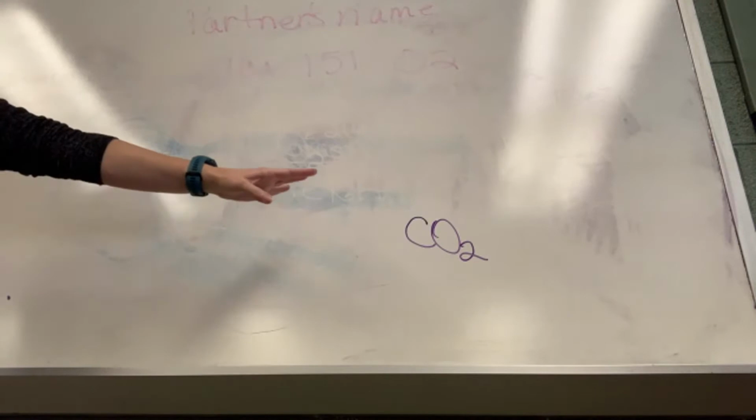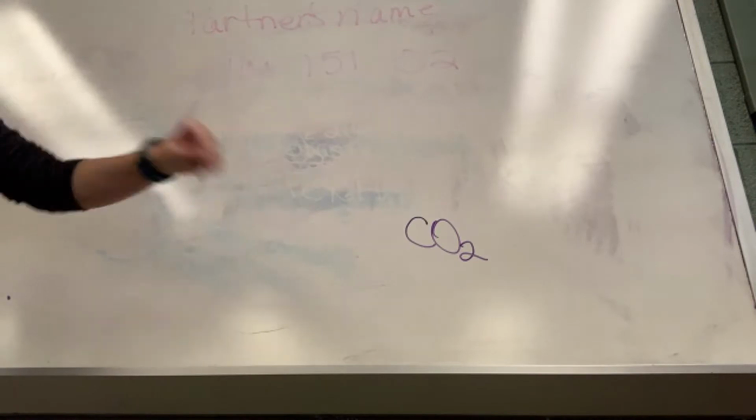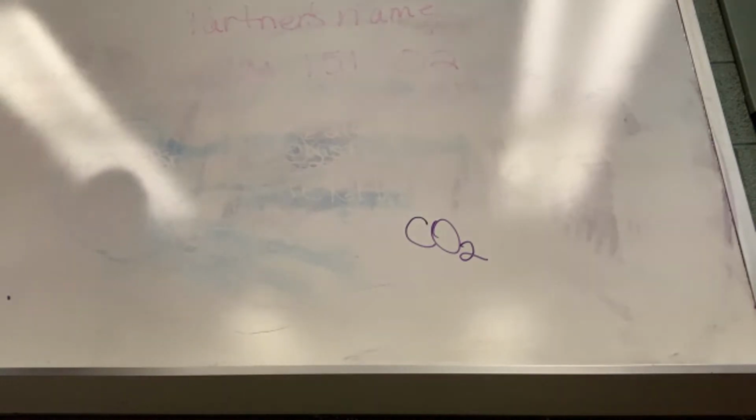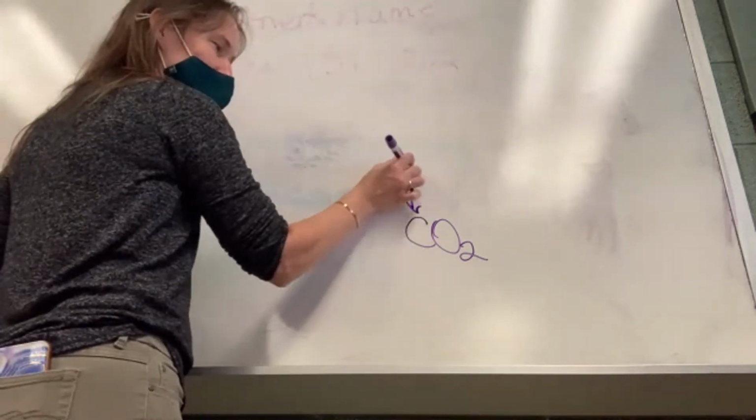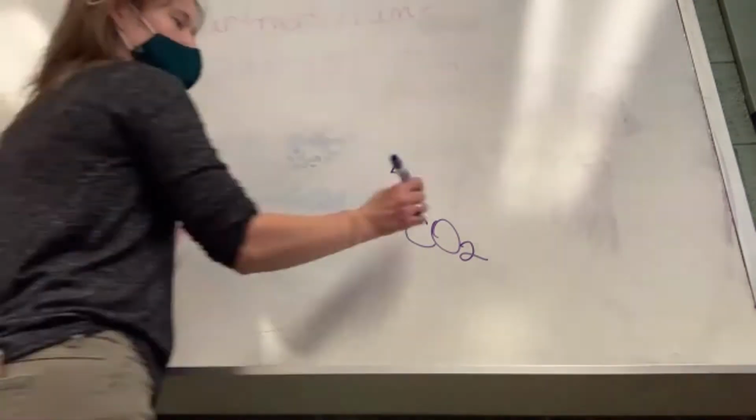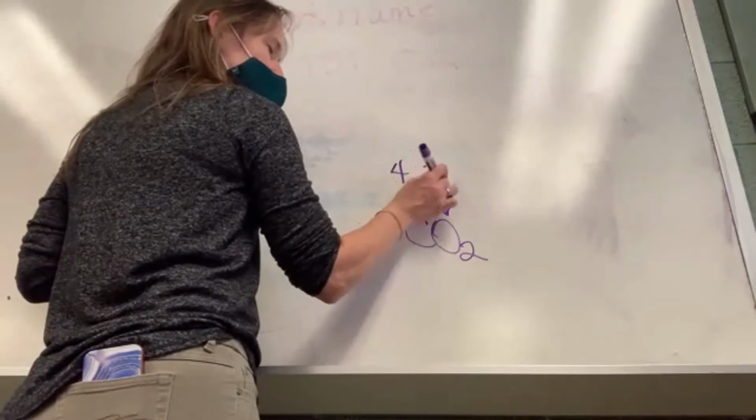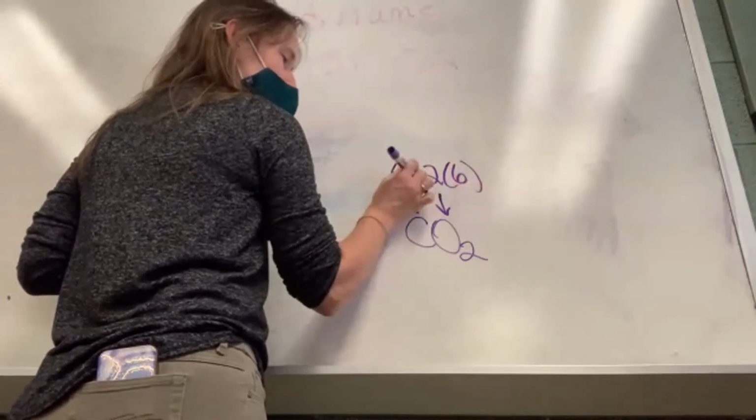Okay, so we got carbon dioxide here. First thing you do, step 1, is to figure out the electrons, so you know how many total you should have drawn. Carbon has 4 valence electrons, so it has a total of 6, but only 4 on the outside. There are 2 oxygens, each of them have 6 valence electrons.